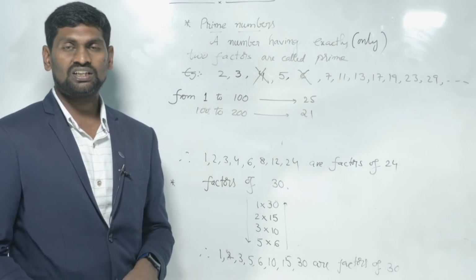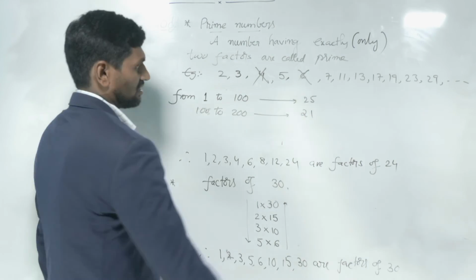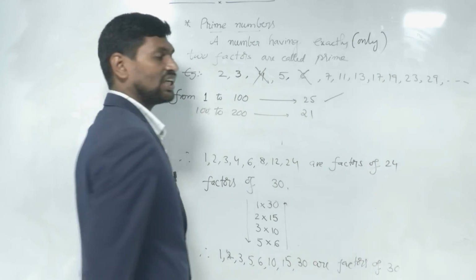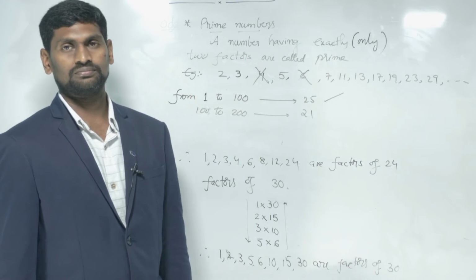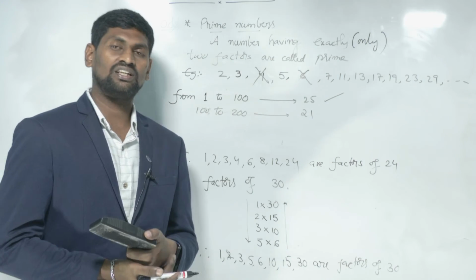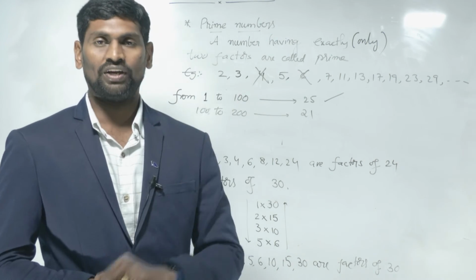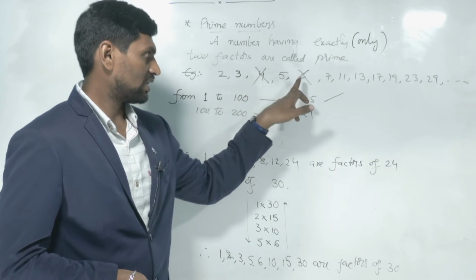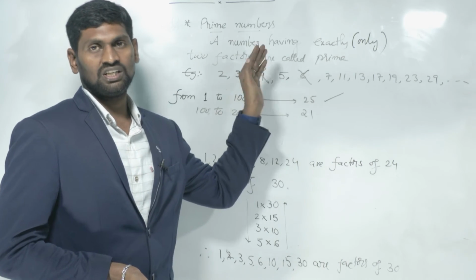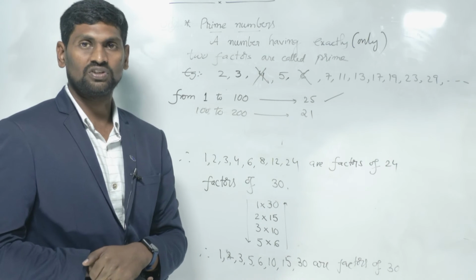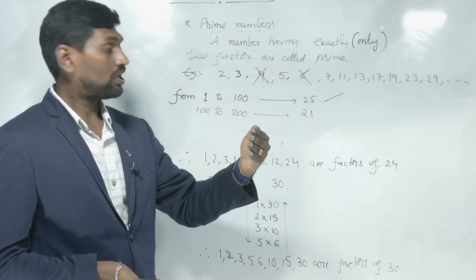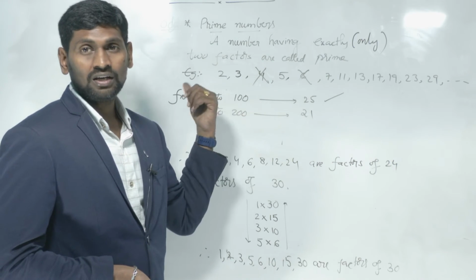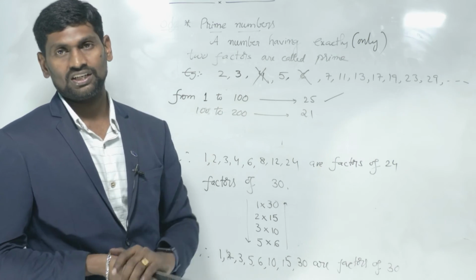You should find what the prime numbers are. Check like that. Definition is only two factors. Check how 4 is not a prime number, how 6 is not a prime number. You have to tell the remaining prime numbers from 1 to 100.